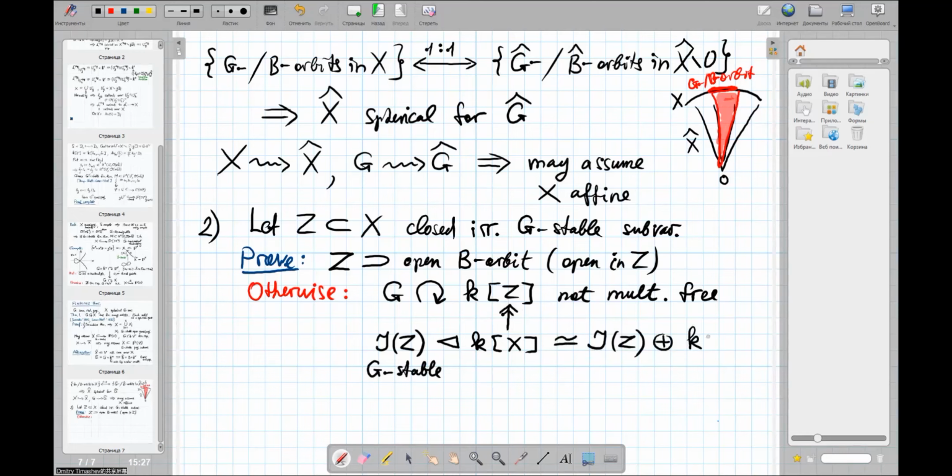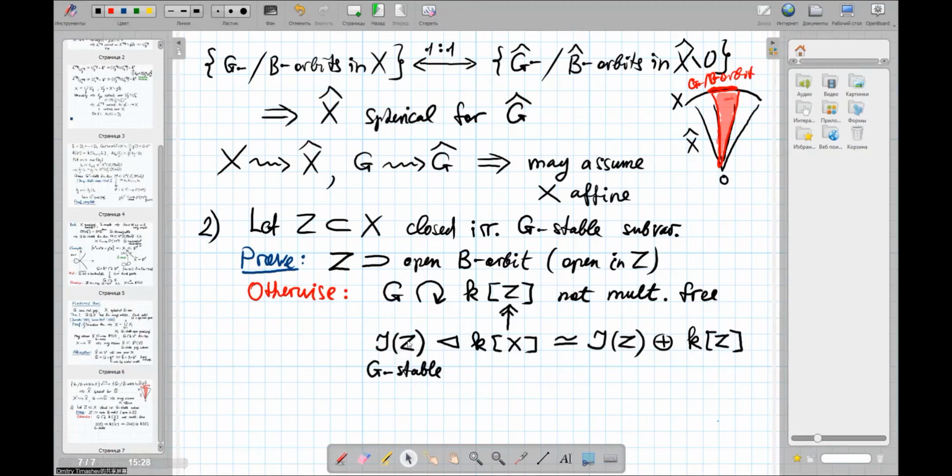I have missed something. What is the vanishing ideal? Yes, this vanishing ideal is the set of all polynomials on X which vanish identically on Z. So the defining ideal of your closed algebraic affine subvariety. Okay.